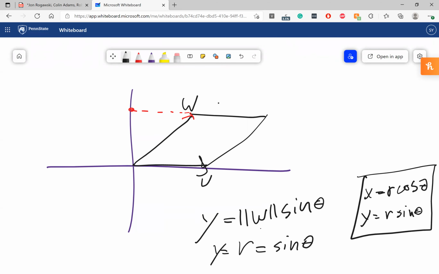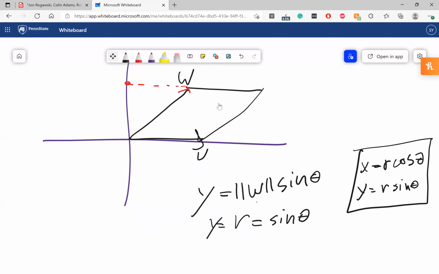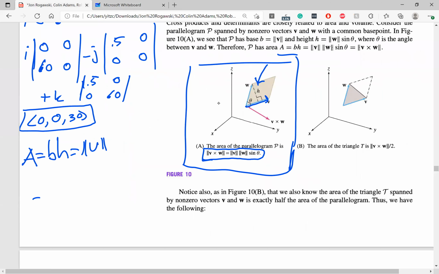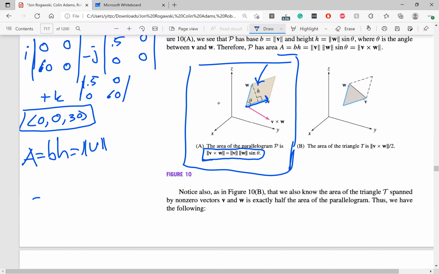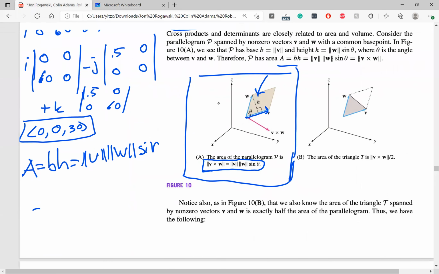Okay, so if y is the magnitude of w times sine theta, what we can say is that your area, which is your base, the magnitude of v, times your height, the magnitude of w times sine theta. But we know what this is. This is the magnitude of v cross w.